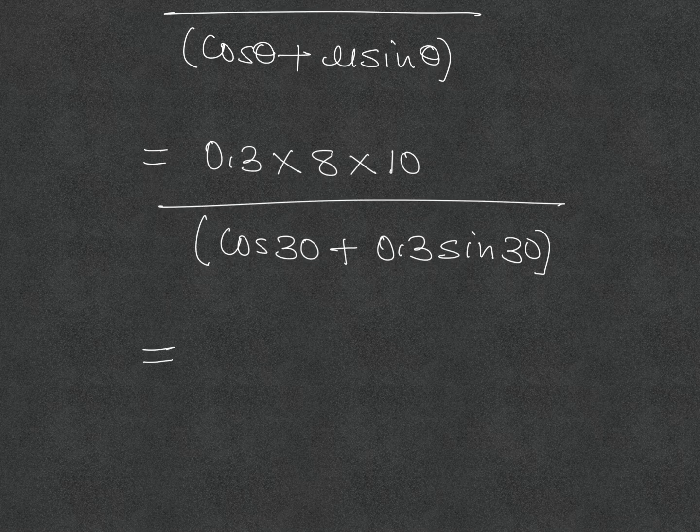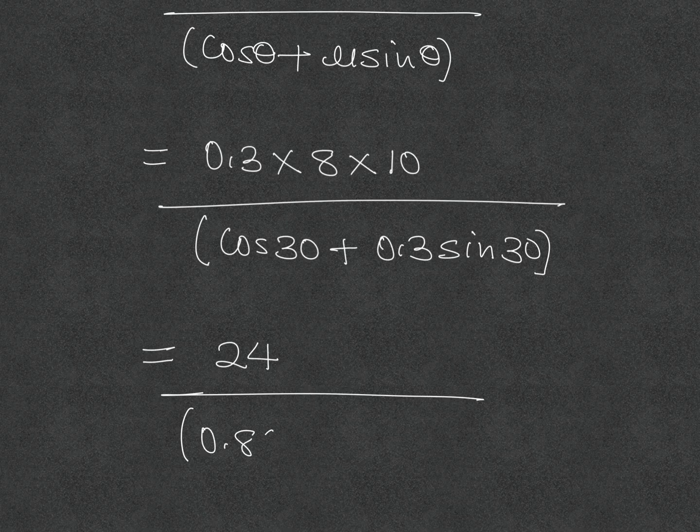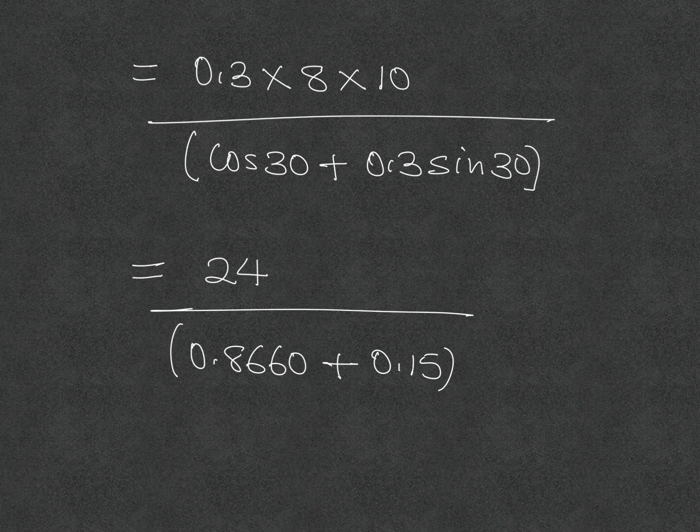So 0.3 times 8 times 10 is 24, over cos 30, which is 0.8660, plus 0.3 sine 30, which is 0.15.